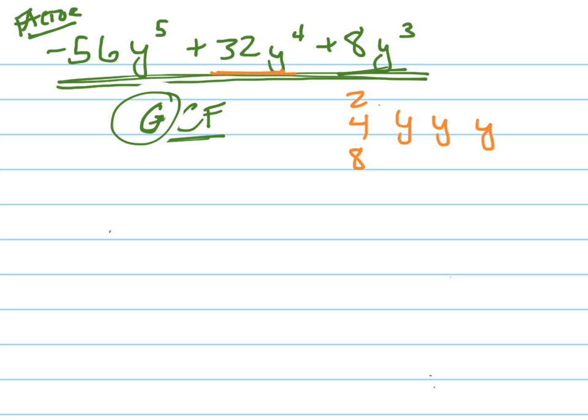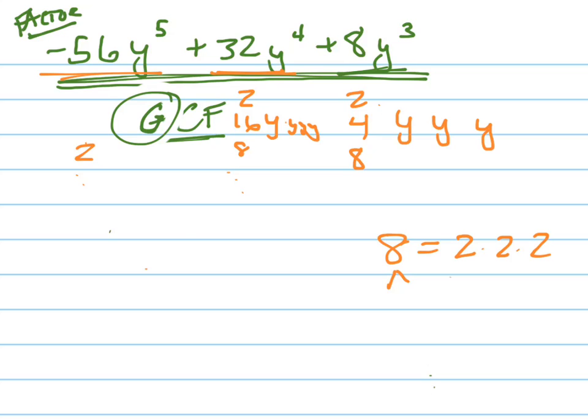32 has 2 and 16 and 8, etc., and it has y times y times y times y. Negative 56 has 2, and I could keep going. The best way to do these things is by factor trees. Think about 8: 8 equals 2 times 2 times 2. 32 equals 8 times 4, or 16 times 2.